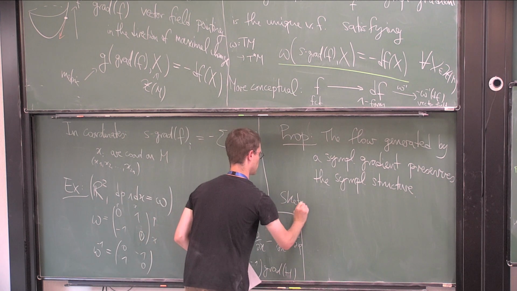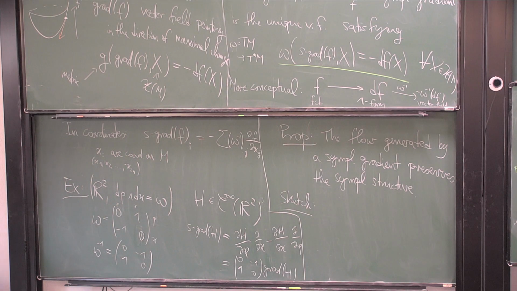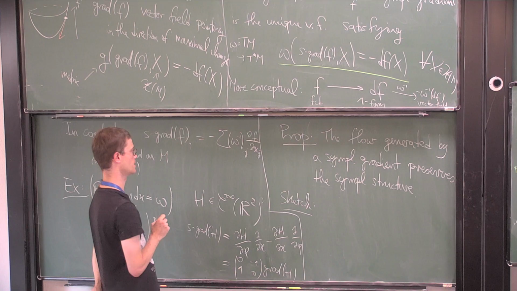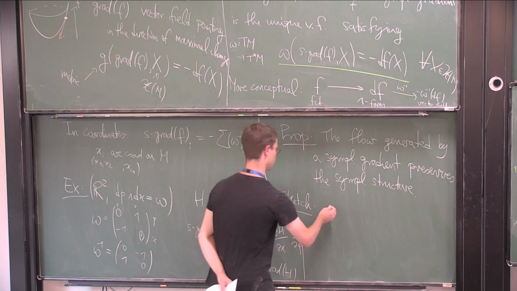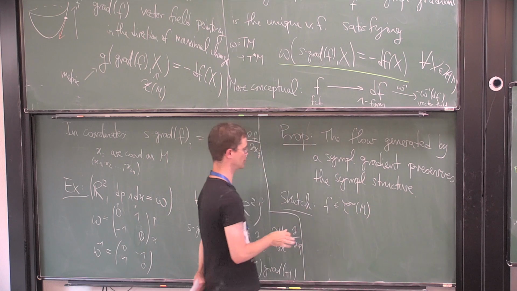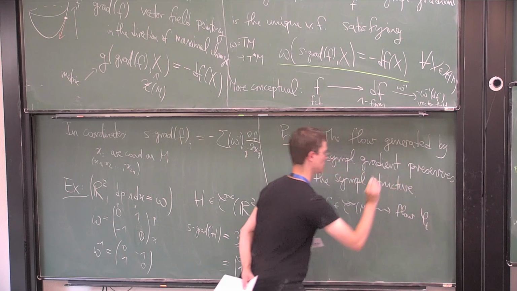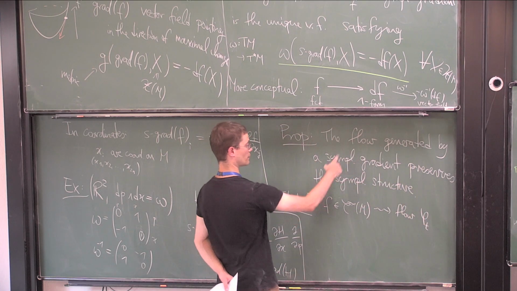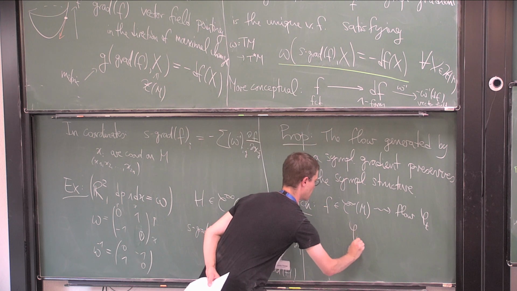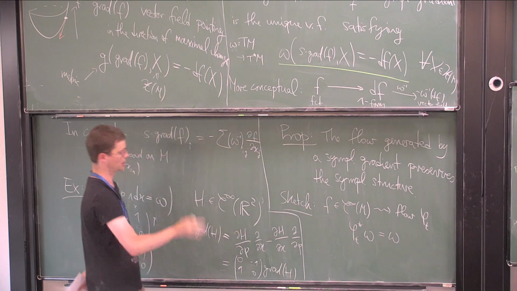The full proof, I will just give you a feeling, a sketch of how it goes. In Anton's lecture, we already saw a little bit of these Lie derivatives and Cartan's magic formula. This is how we will do it. We take f, a function, and this gives you a flow phi_t. Preserving the symplectic structure means that whenever I pull back the symplectic form, it doesn't change anything.